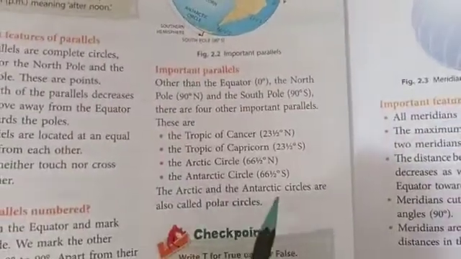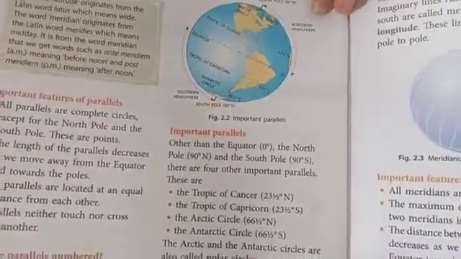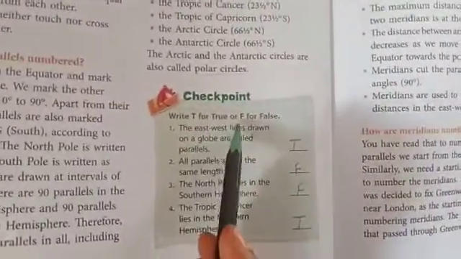The Arctic and Antarctic circles are also called polar circles. Underline the polar circles.